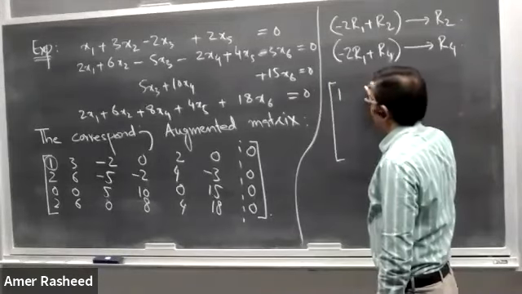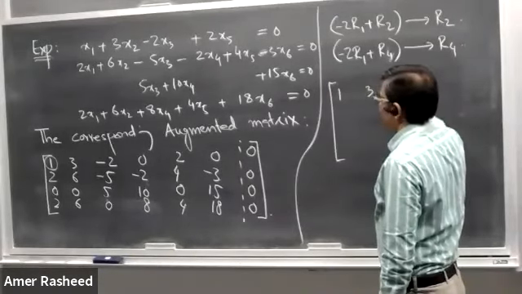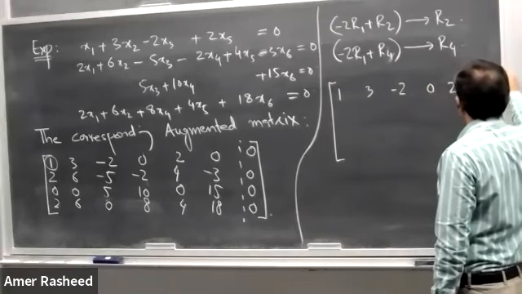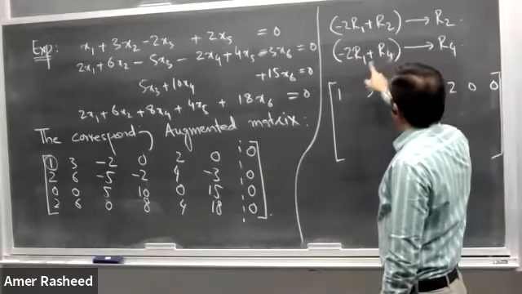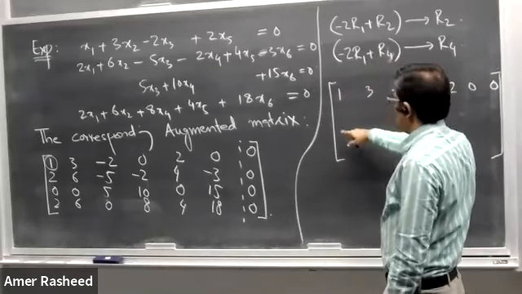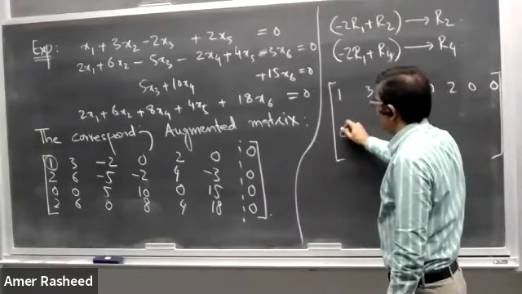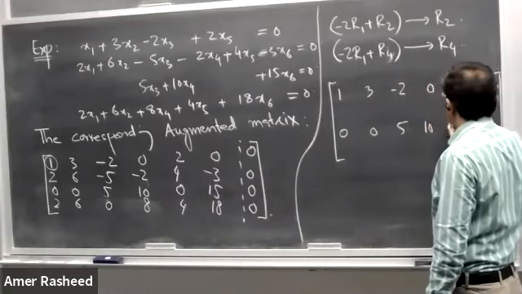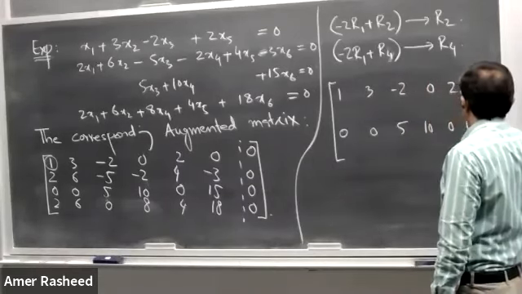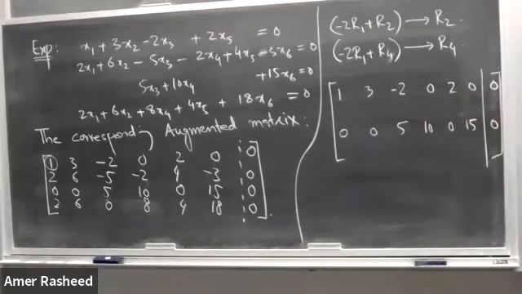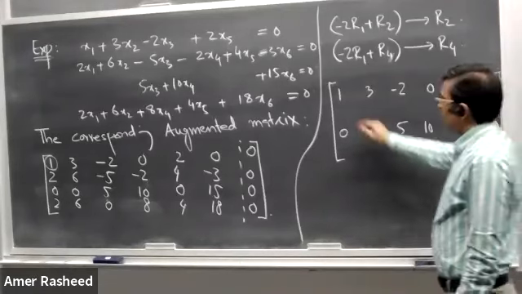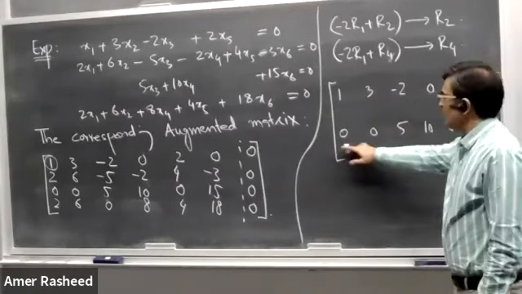So the first row will remain the same: 1, 3, -2, 0, 2, 0, and 0. This first row and third row will remain the same. This is your third row: 0, 0, 5, 10, 0, 15, and then 0. This is your right-hand side column. Now only the second and fourth rows will change. Now tell me the entries here.